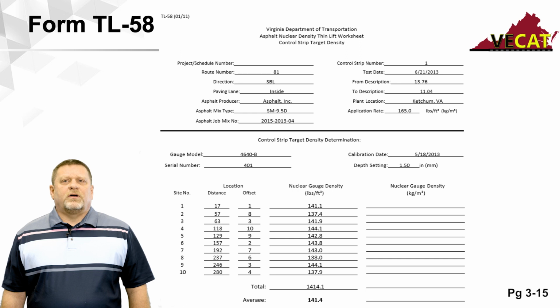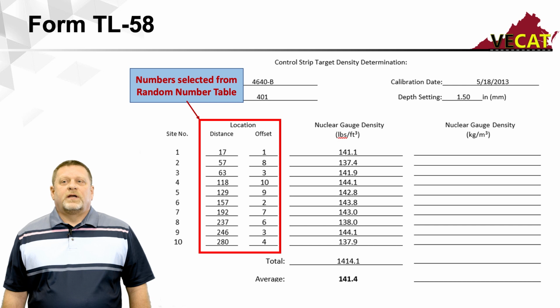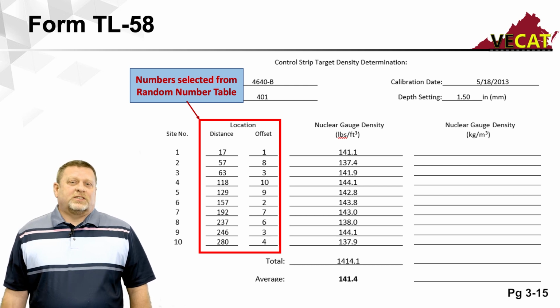Here's just an example of a form TL58. It's a little small here on the screen, but I wanted you to just see an overall example. We're now going to focus on more of the center portion of it. Here the center portion is blown up, easier for you to see. And note, one of the first things you want to do, you'll have forms just like this when you do your exam or when you're in the field, and you would get these numbers from a random number table.